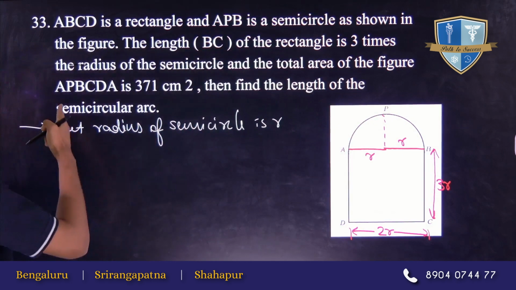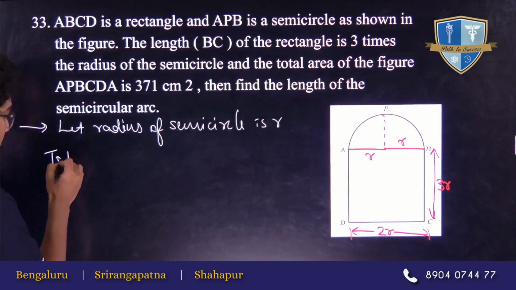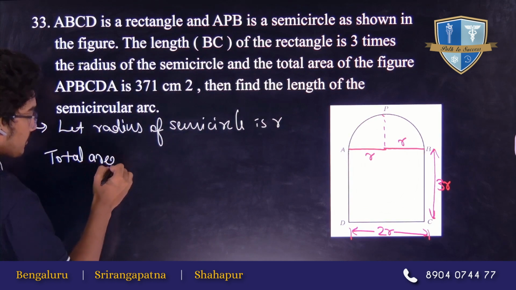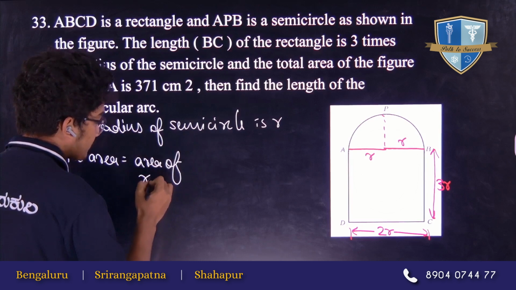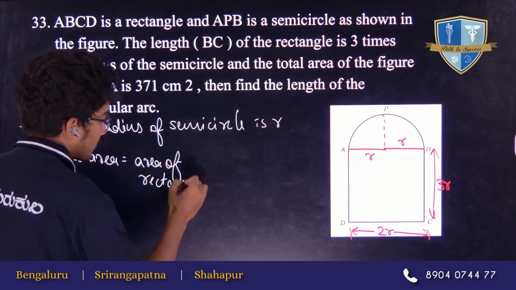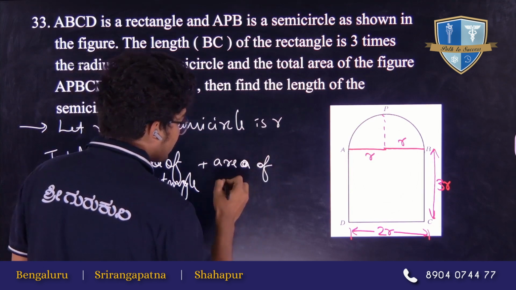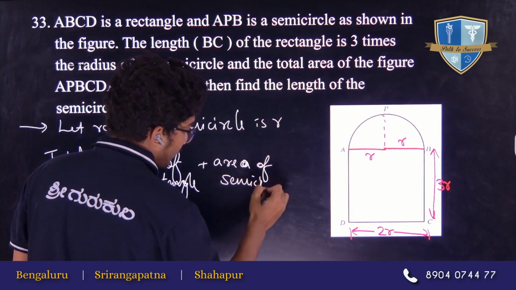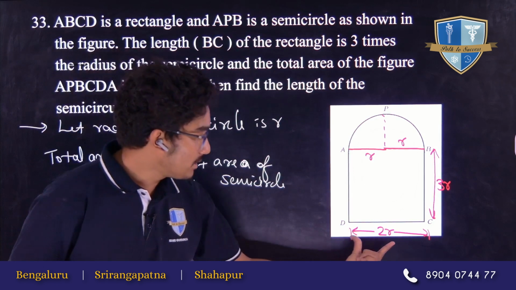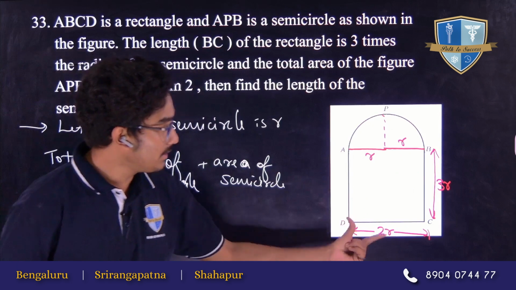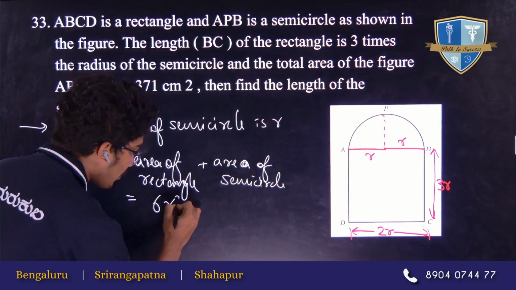Now the total area including this plus this is given as 371. So the total area is equal to the area of the rectangle plus the area of the semicircle. The area of the rectangle with length 2r and breadth 3r will be length into breadth, 2r into 3r, so it will be equal to 6r square, correct?